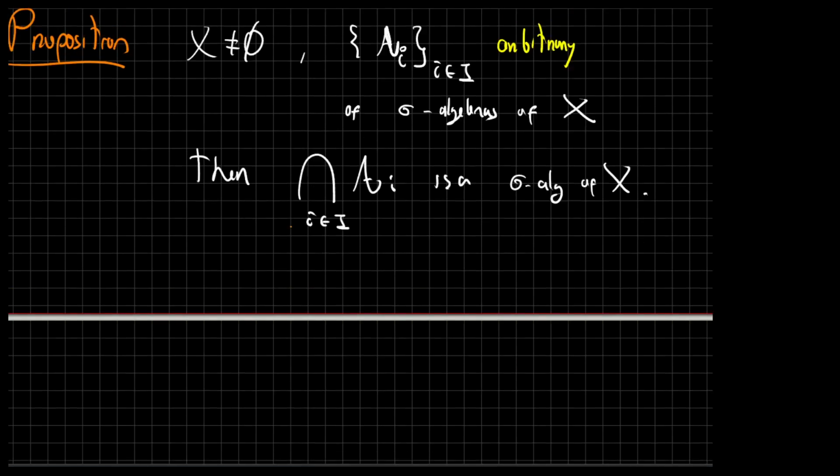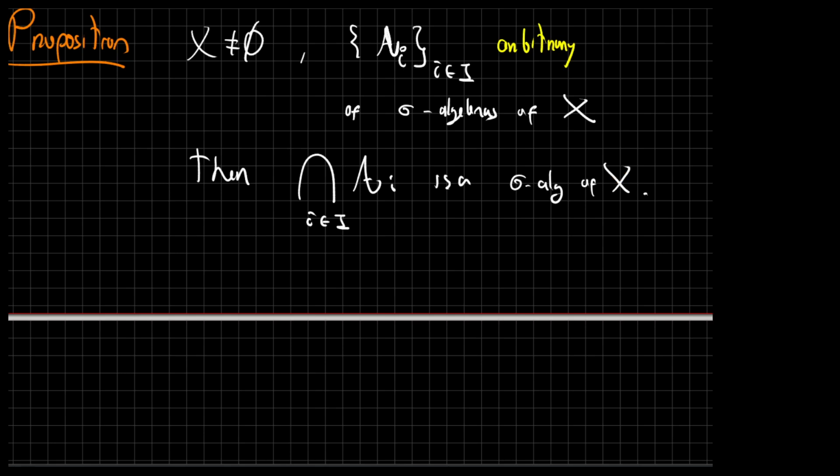So this is an important proposition, because this intersection will be, we can say, the minimum sigma algebra that can be defined on X, something along those lines.